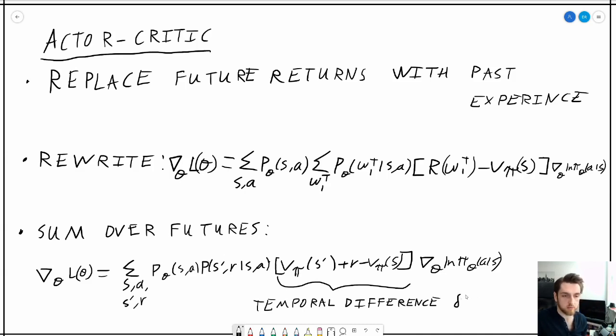And this is sometimes just labeled delta S prime R. And this essentially measures the error in what the critic, which is what we're now calling the value function, predicts the value for the current state is, compared with what it just experienced predicts that the value should be.